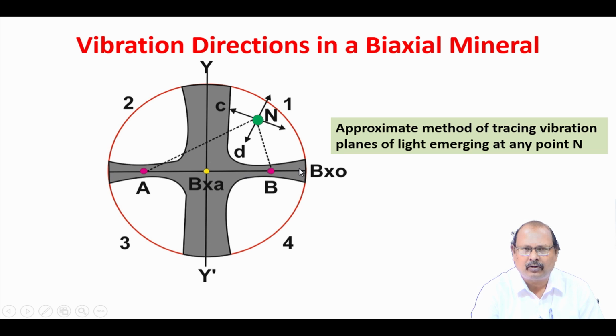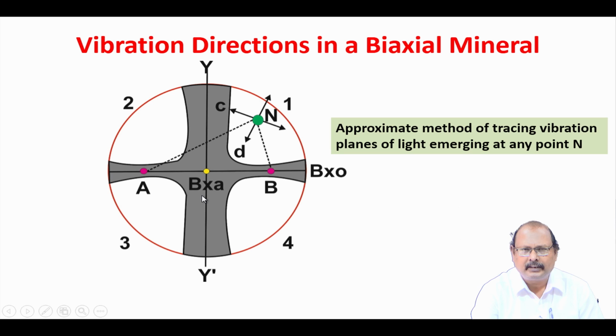It will be a black cross, just like a uniaxial interference figure, but there is a difference here. The two arms of the isogyre are not symmetrical. This arm is thin, but this one is much broader.